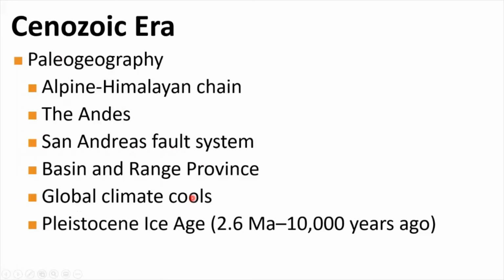We also have a Basin and Range province due to extension within the continent, or rifting. And then we have our global climate cooling. And we have our last major ice age during the Pleistocene, which lasted from 2.6 million years ago to roughly 10,000 years ago.